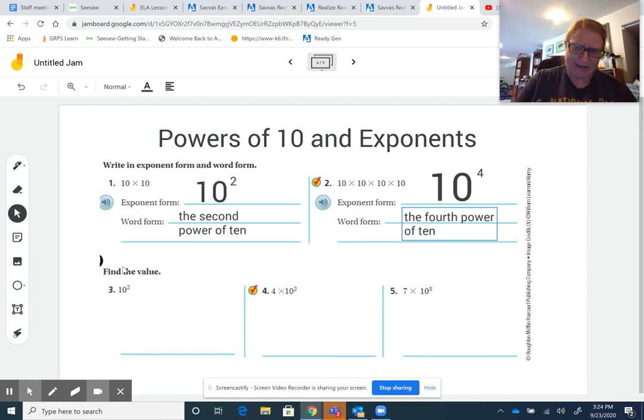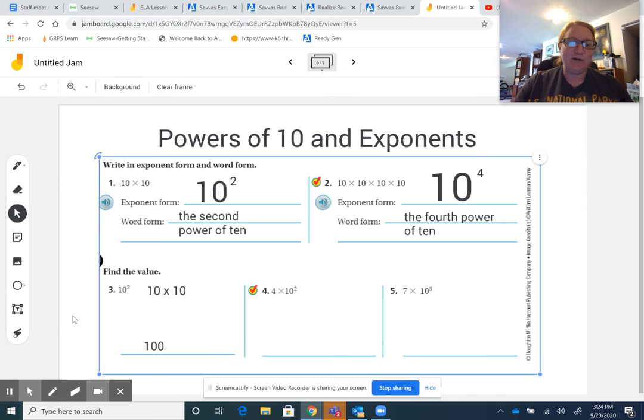And just like the guy in Khan Academy said, I think he said his name was Sal, it's just like multiplying by that number. So here for number 3, we have 10 with an exponent of 2, or the second power of 10, which is the same as saying 10 times 10. And what is 10 times 10? 10 times 10 is 100.